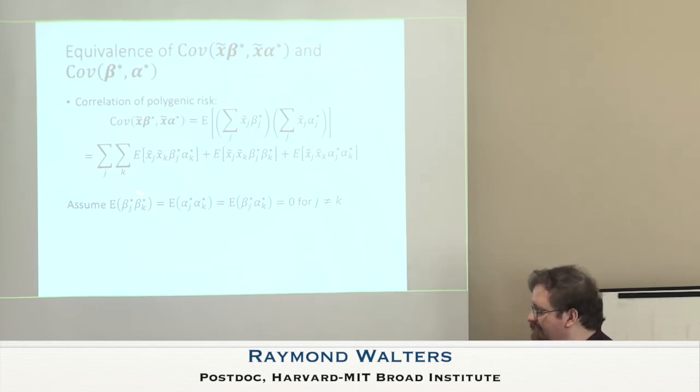And we make that assumption both within each of our two traits, so amongst the betas and amongst the alphas, and also that for different SNPs, you don't get any information across trait as well. So essentially the only place where there's correlation in this random draw of effect sizes is at the given SNP's conditional effect size, that there's a correlation between trait 1 and trait 2.